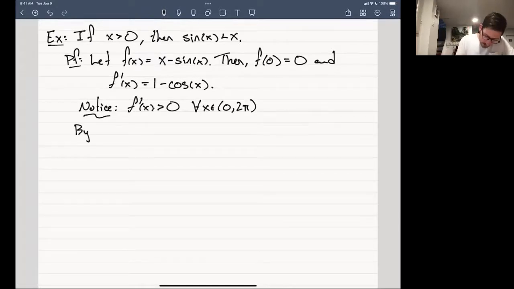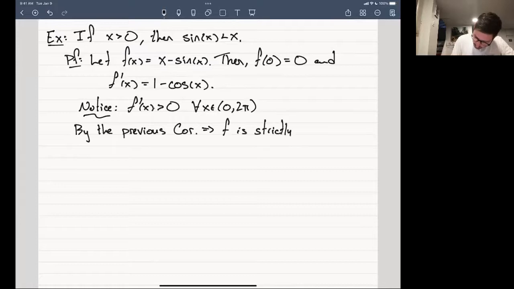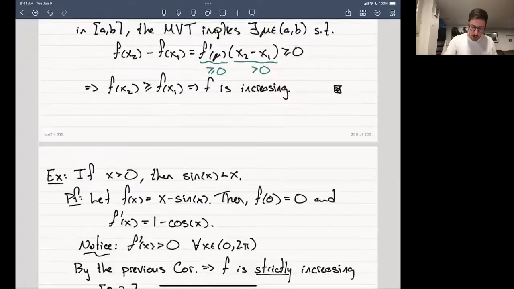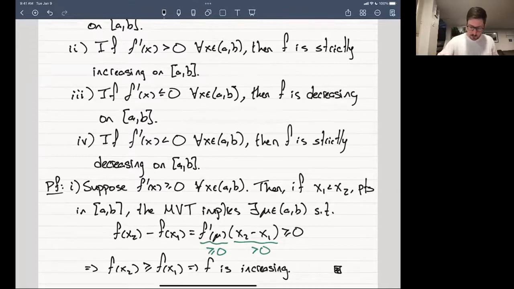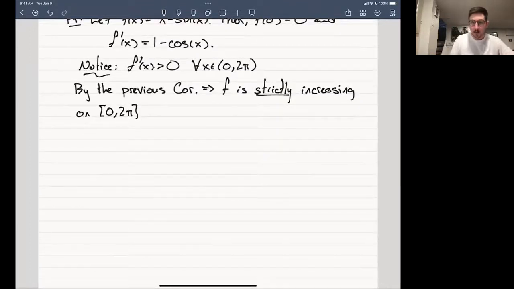And by the previous corollary, this implies f is strictly increasing on the closed interval 0 to 2 pi. Remember, the corollary gave us that if the inequality for the derivative holds on the open interval, then you're increasing or decreasing on the closed interval. So I can close it off here.